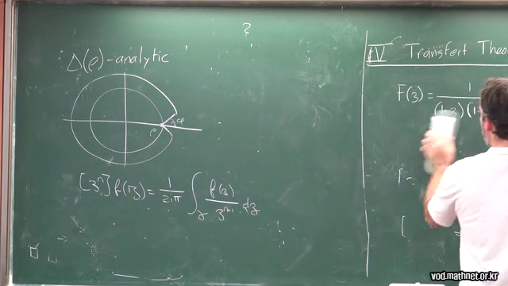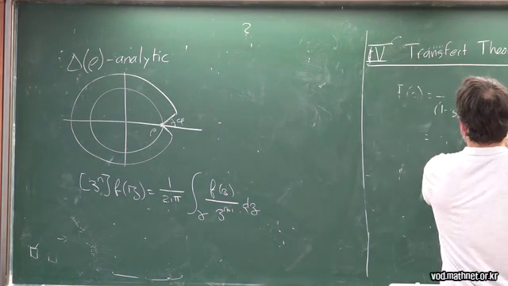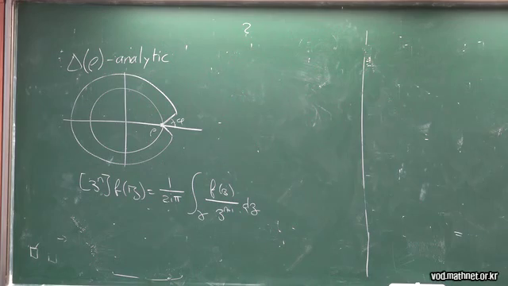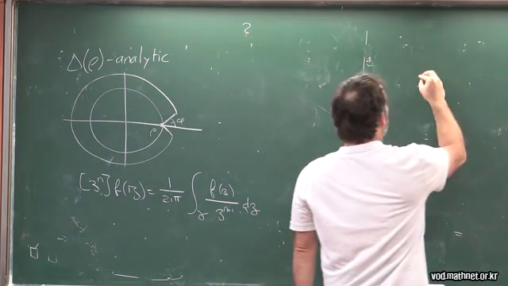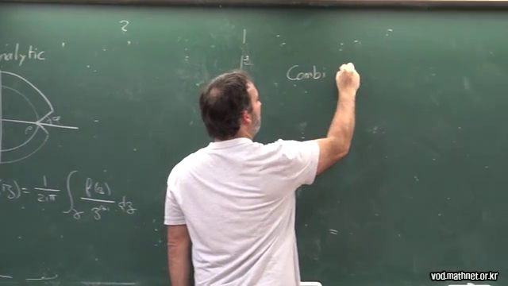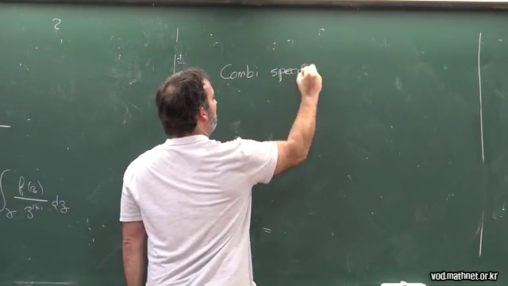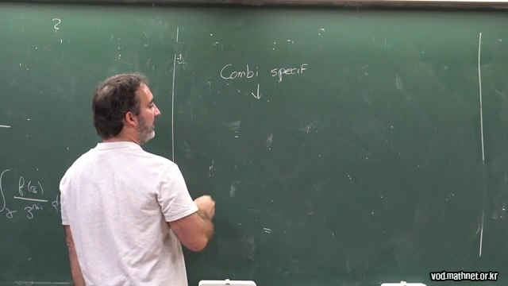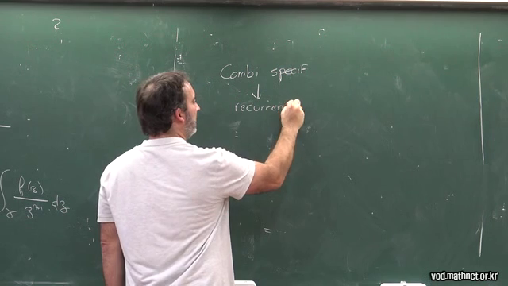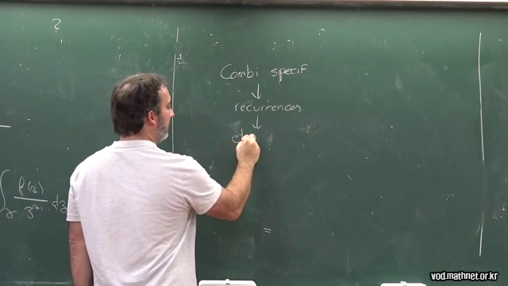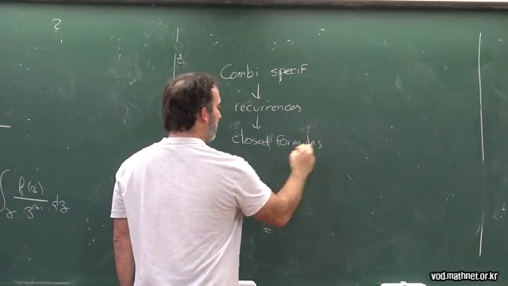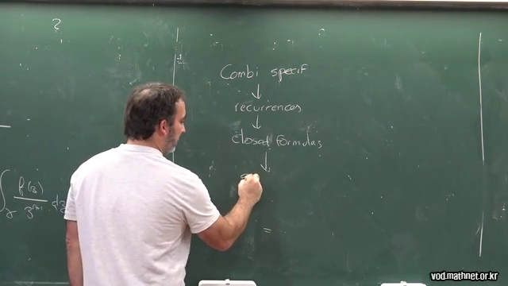Okay, so there are many other theorems coming from complex analysis that we can use here, and the main idea is the following. If you have a combinatorial specification, the usual way to obtain the coefficient is to do some recurrences, then to compute a closed formula, and then to obtain the asymptotic equivalent.